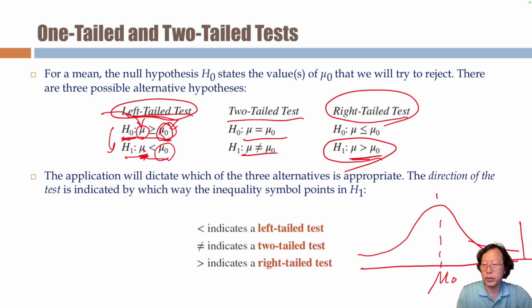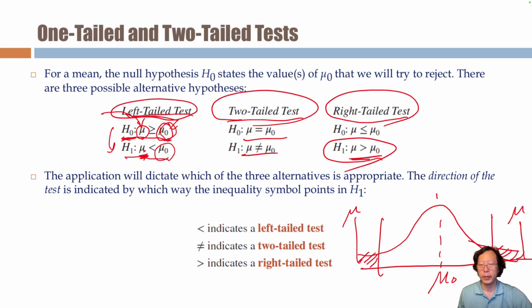Mu is a lot bigger than mu 0, or mu is a lot smaller than mu 0. So we have to consider both cases. That's why this is a two-tail test. For a two-tail test or one-tail test, the critical point of the probability will be slightly different. We will talk about that later.